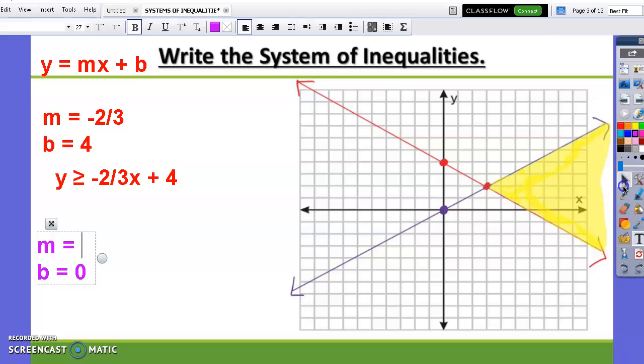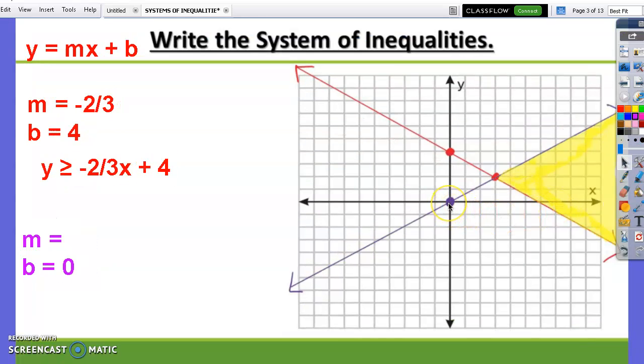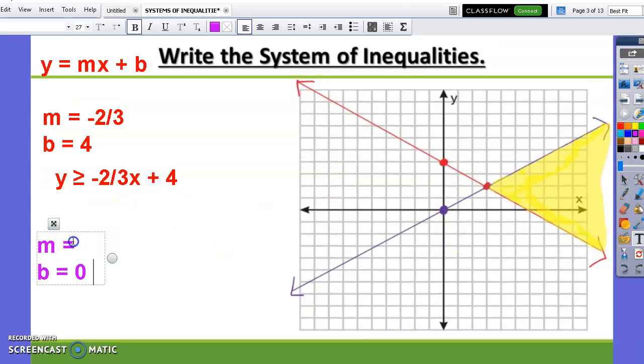I just said that our slope is positive. So you start at your y-intercept, and then you go up 1, 2, and to the right 1, 2, 3. So your slope is positive 2 over 3. All right.